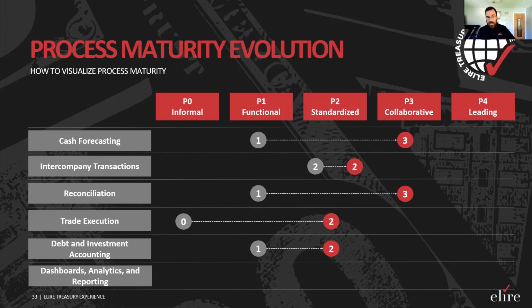And another thing that comes up many times with trade execution, debt and investment, is that the regulatory environment dictates where you need to be and what standards you need to implement. And if you don't have those standards documented and set up, then that really can be an issue.